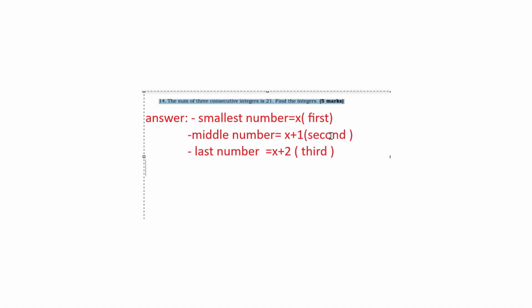They are asking what those integers are.